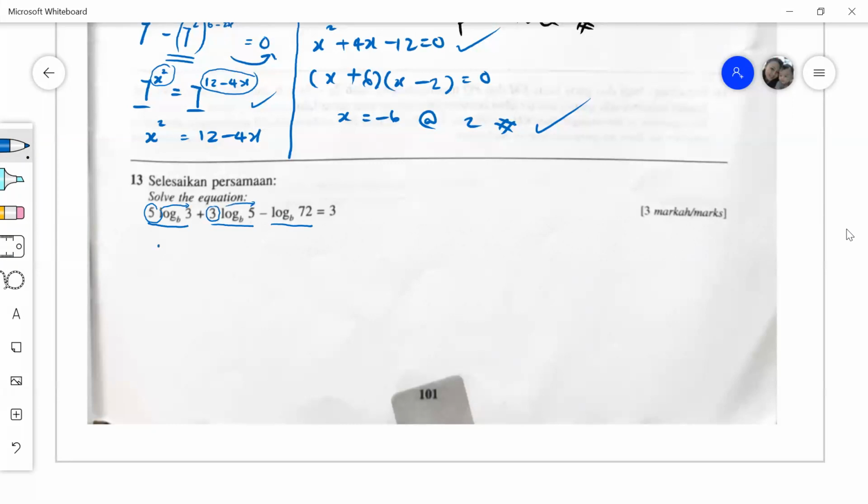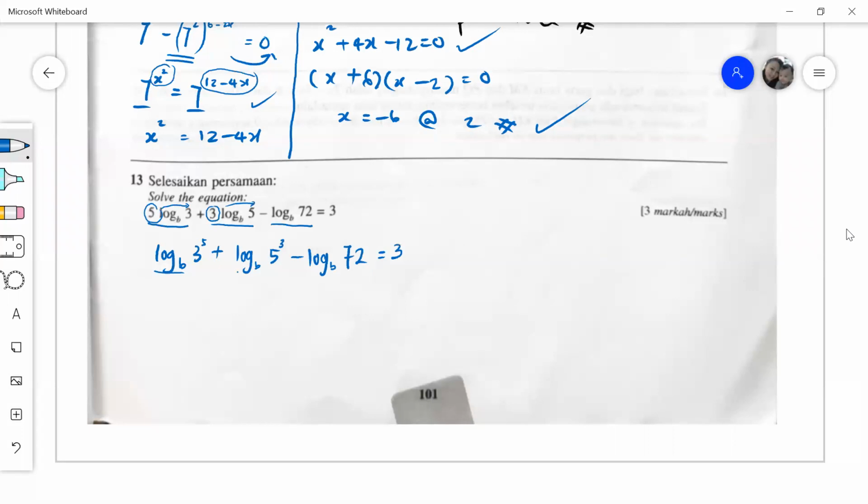So we will have log base b of 3 to the power of 5 plus log base b of 5 to the power of 3 minus log base b of 72 equals to 3.